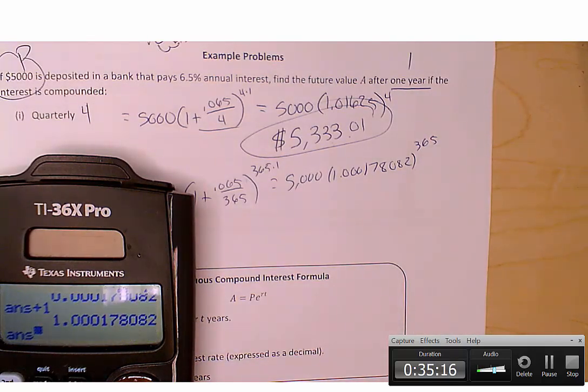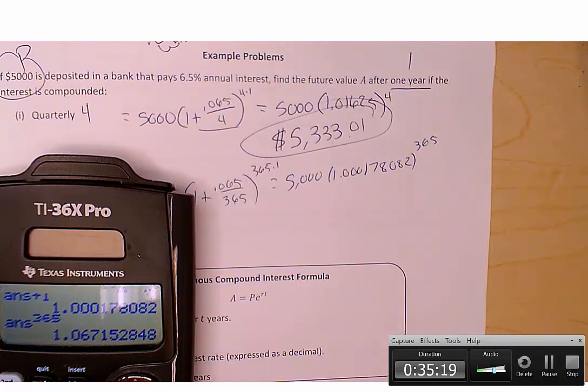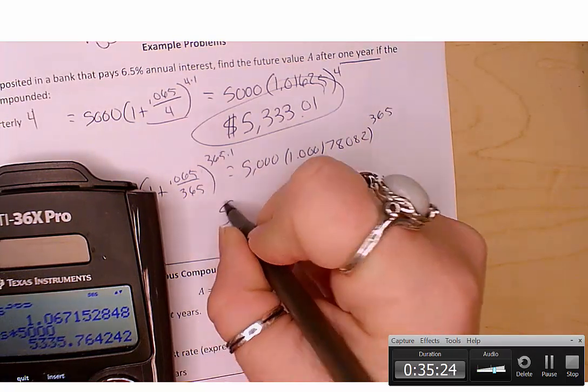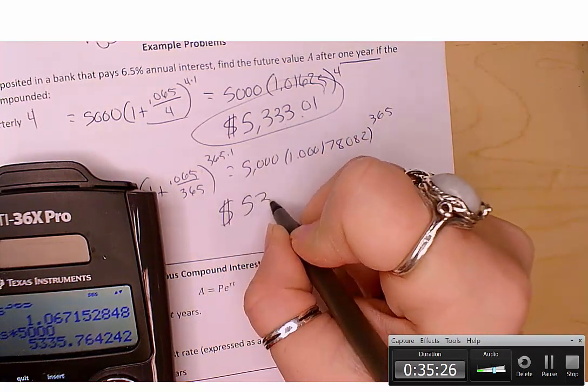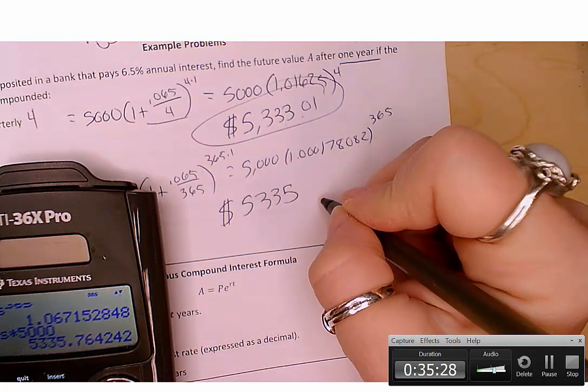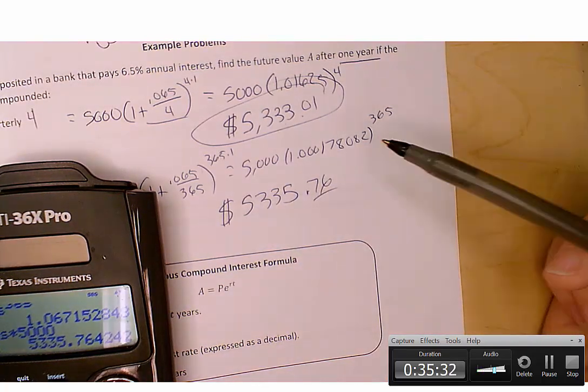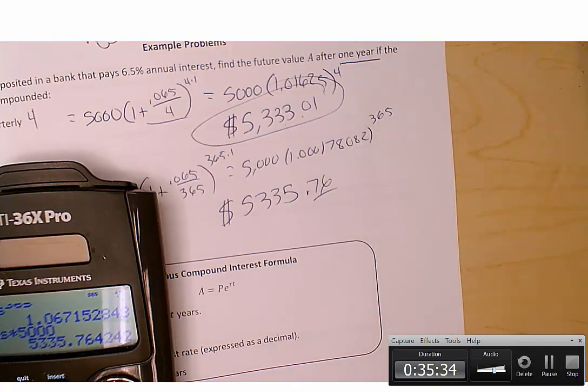So I'm going to go ahead and take that, raise it to 365, then multiply that times 5,000. So our end total here, $5,335.76 is what we get there. So really not too much of a difference between these two.